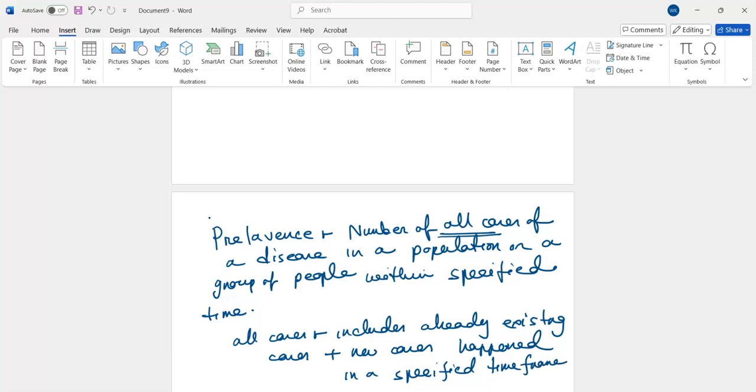This time could be a point in time or a period. For example, within 5 years or within 1 year, that needs to be specified.